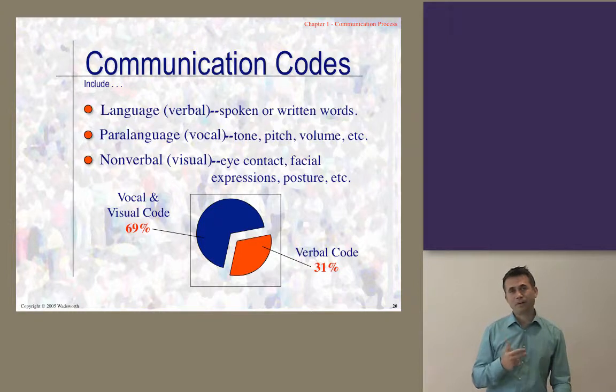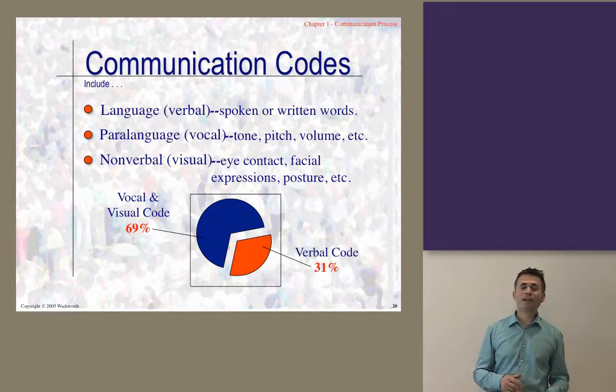Like, for example, the pitch of my voice, or how fast I articulate, how clearly I articulate, and other vowels, other things and other sounds. So whatever is sounded and has no verbal meaning, we call it a paralanguage, or a vocal code.